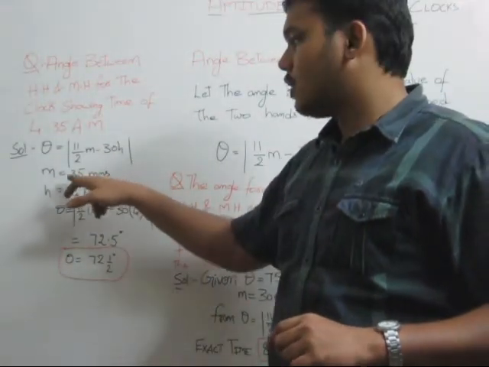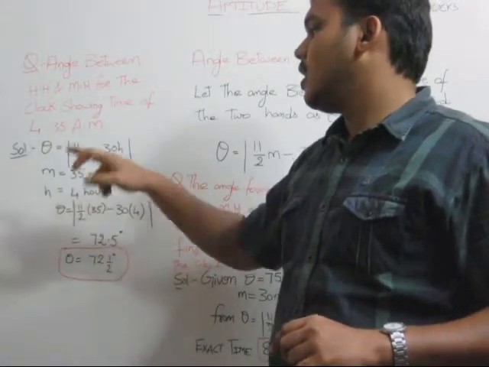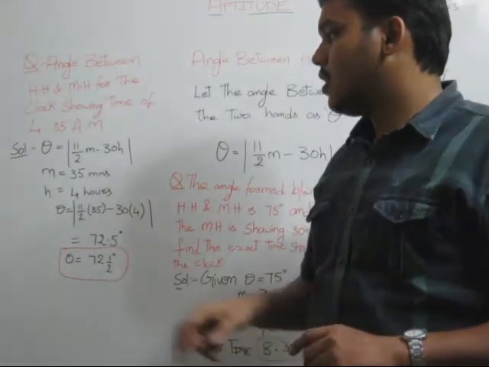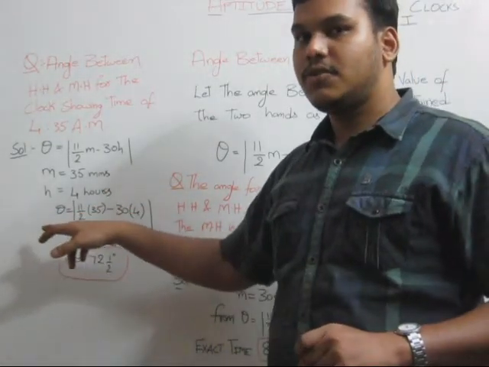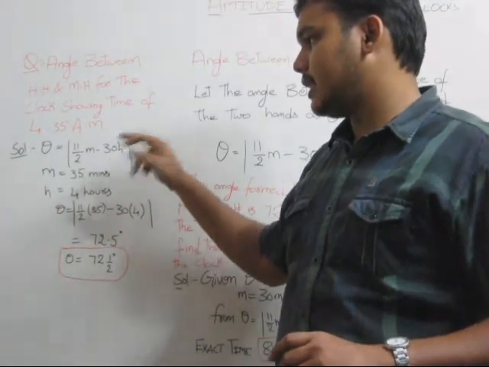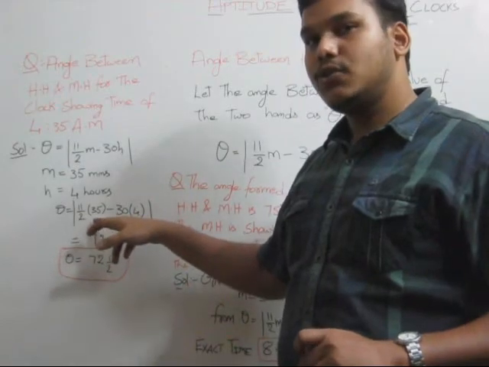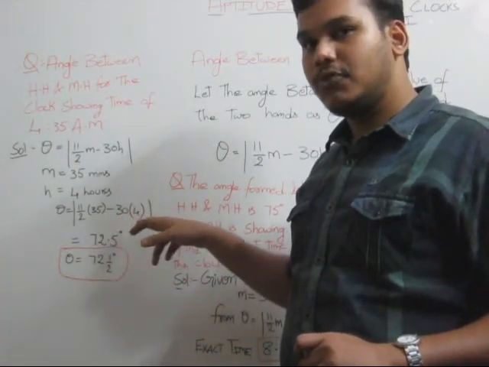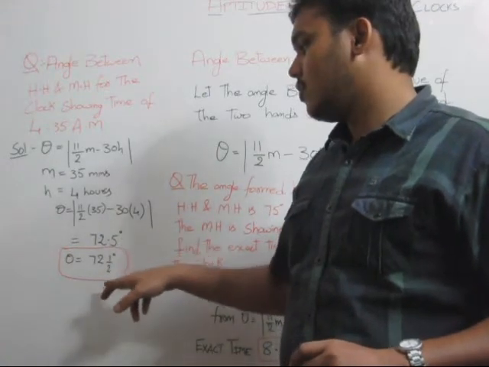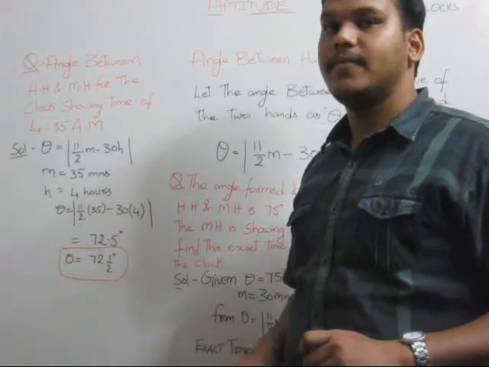Now substitute the value of m, which is 35 minutes, and the value of h, which is 4 hours, given in the problem. By substituting these values in the formula, theta equal to modulus of 11 by 2 m minus 30h, that is 11 by 2 into 35 minus 30 into 4, which results in 72.5 degrees, or we can represent it as 72 and a half degrees.